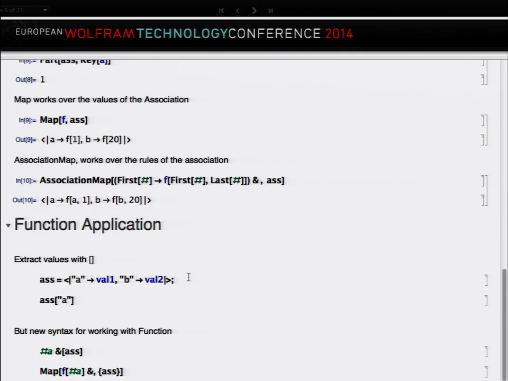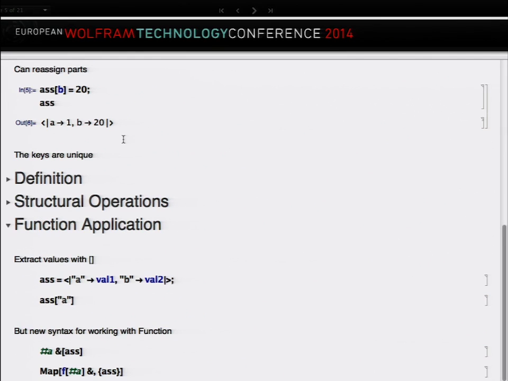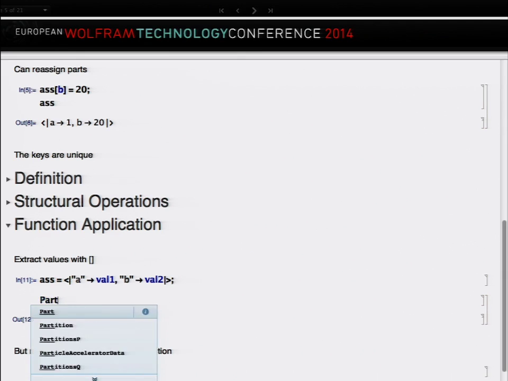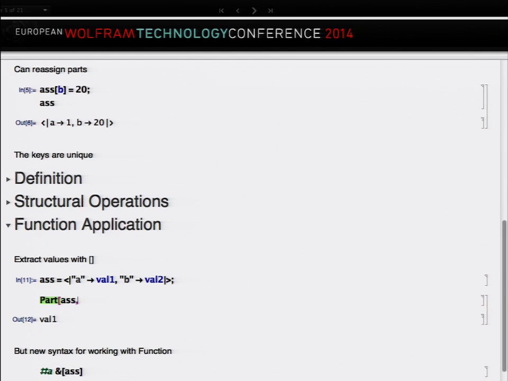And here's another new feature in the new version, which is how this works with Mathematica pure functions. So here's an association. The names of the keys in the association are strings, and strings are given a special status in associations. So I can look it up in the normal way by just applying the function. I could also use Part, and when the key is a string, I don't need to wrap it in the Key thing.